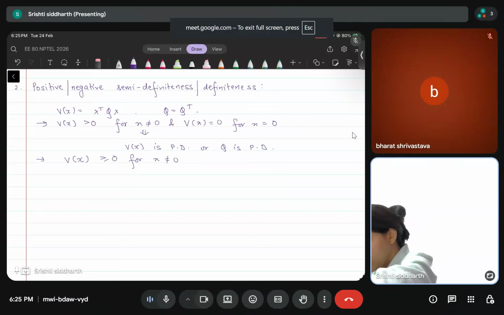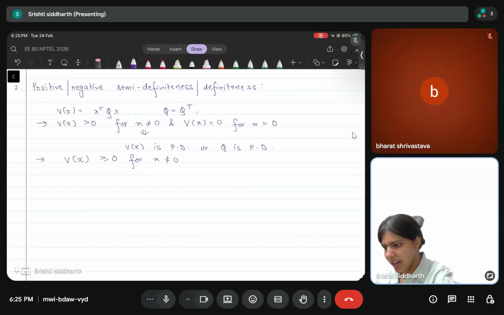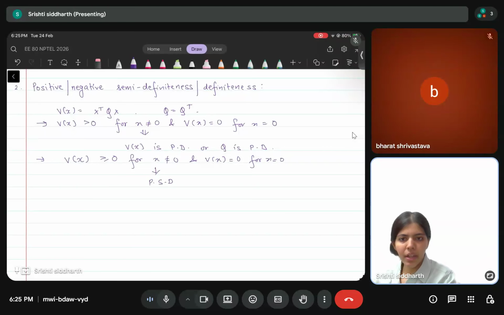Right. So positive semi-definite is V of x greater than or equal to 0 for non-zero x, and of course we have that V of 0 is 0. So positive semi-definite means V of x can be greater than or equal to 0 for x non-zero, which is not the case for positive definite.